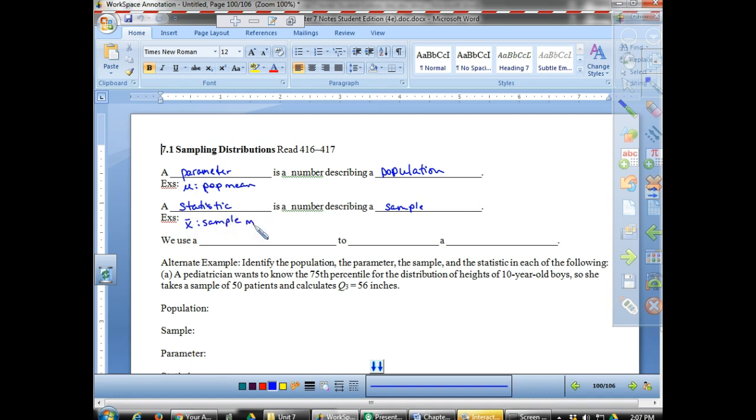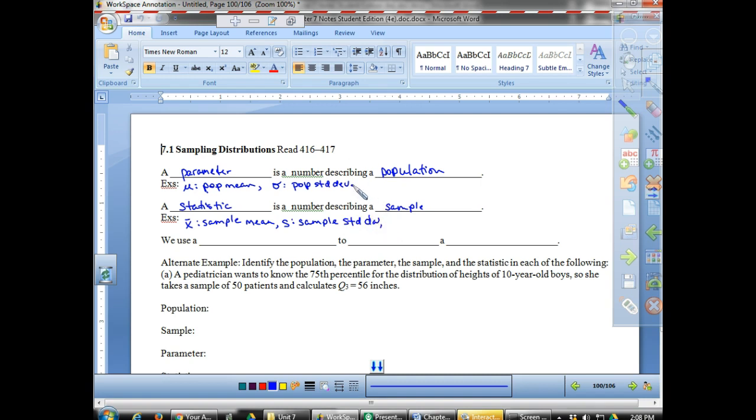I'll just help you see what the differences are here. And then we also could have sigma, which is the population standard deviation, as opposed to S, which is our sample standard deviation.